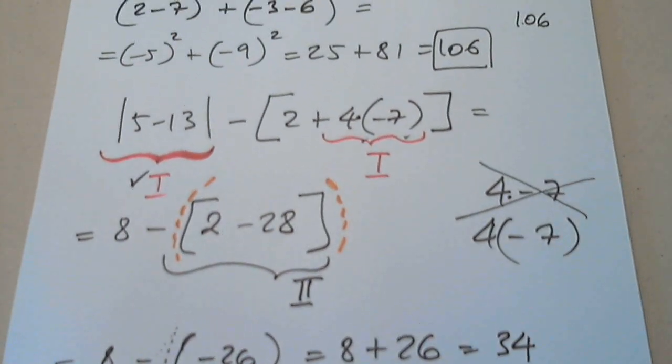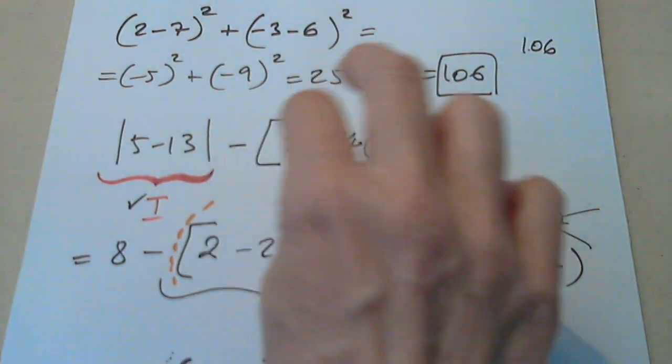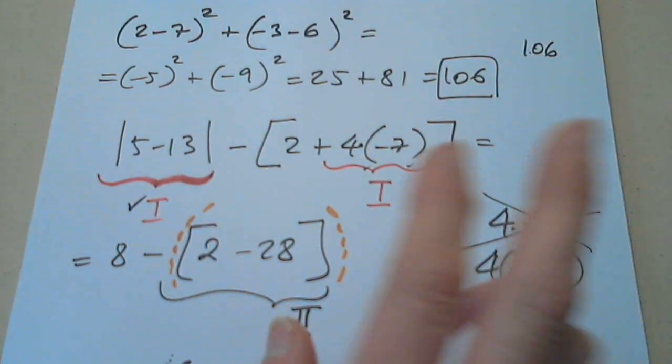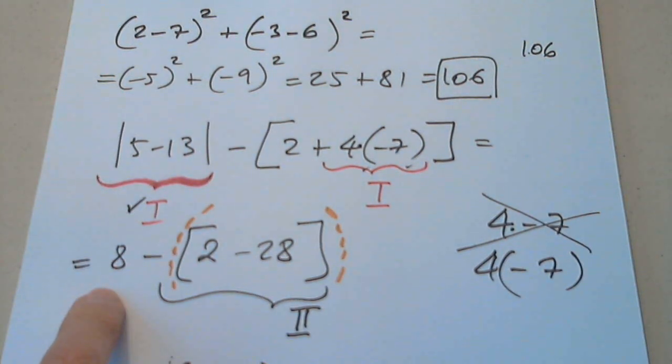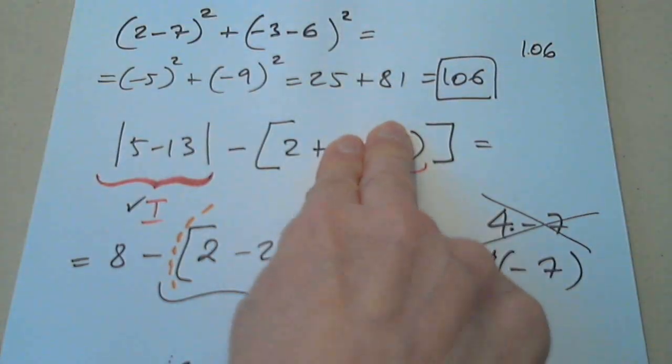So again, I addressed in brackets this product first. Positive times negative is negative. At the same time, I'm okay with performing 5 minus 13 in absolute value and getting 8. Copy negative. You can demote now because parentheses are gone.